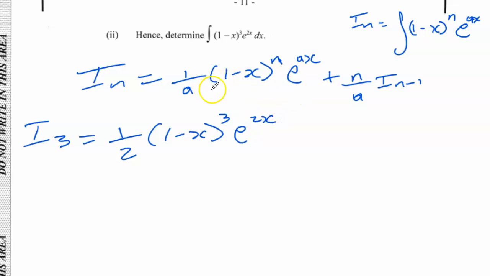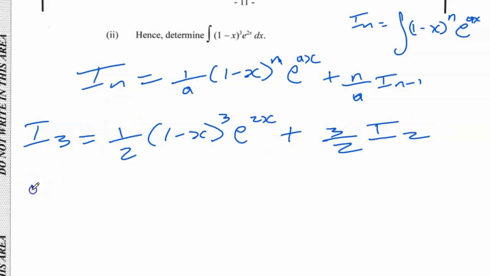So simply replacing a with 2, n with 3, plus 3 over 2 I2, since 3 minus 1 is 2. So I need now to find I2.